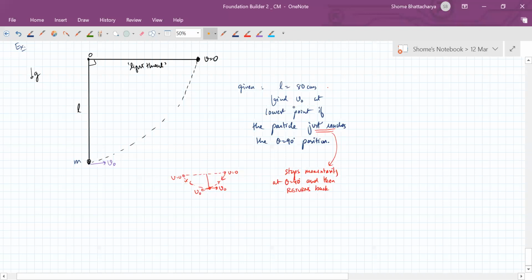So for those who are completing the first part, just try out the second part now. The first part is to find V0 at the lowest point if the particle just about reaches this position.